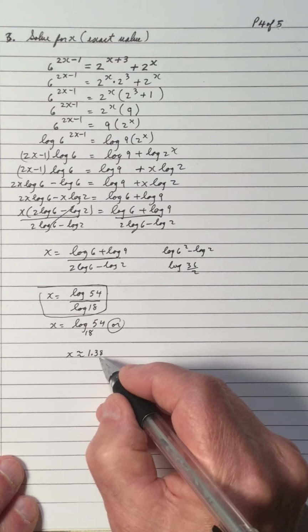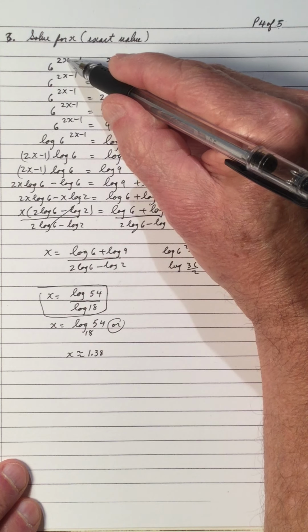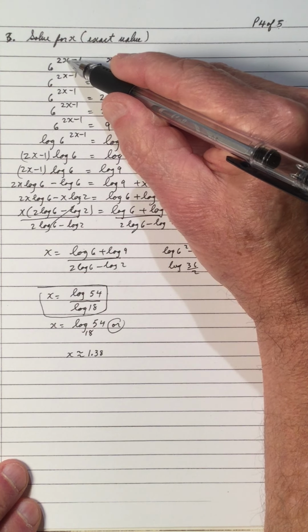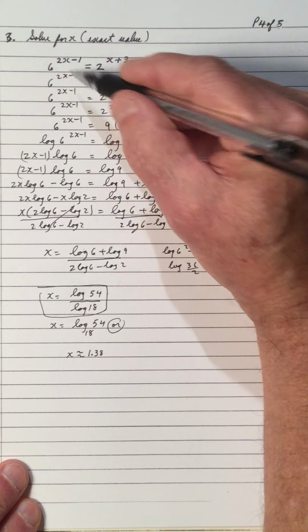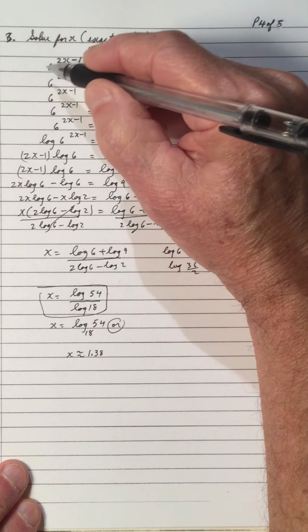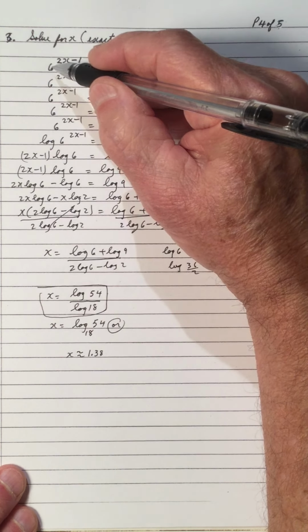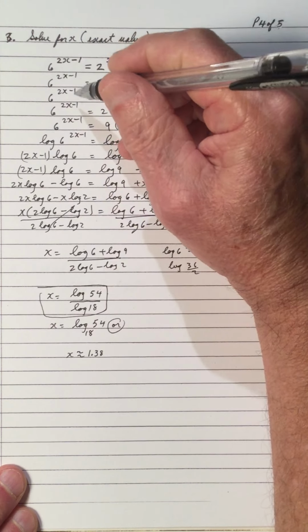But if you did an approximation and you took your 1.38 and subbed it in here, so 2 times 1.38, subtract 1, raise it to the 6th power, will give you 23.4.